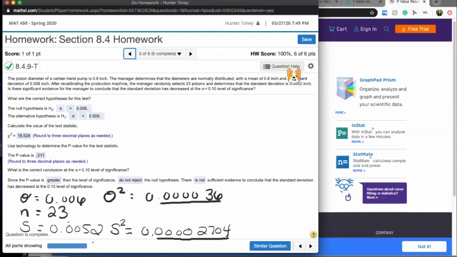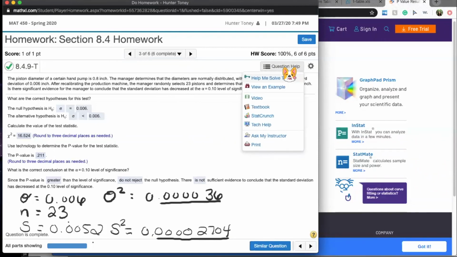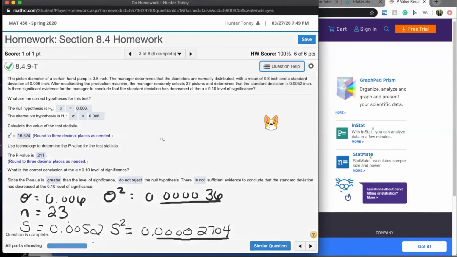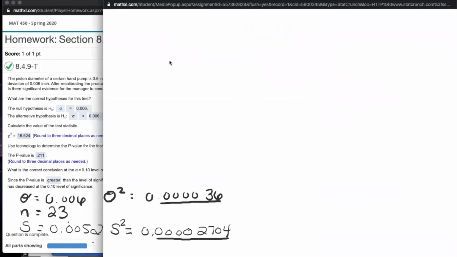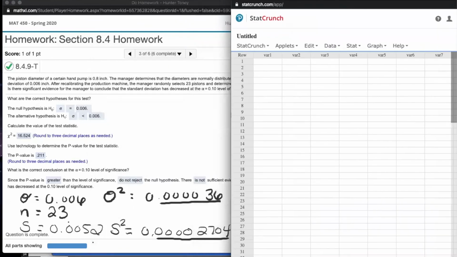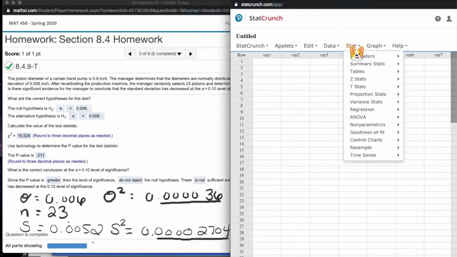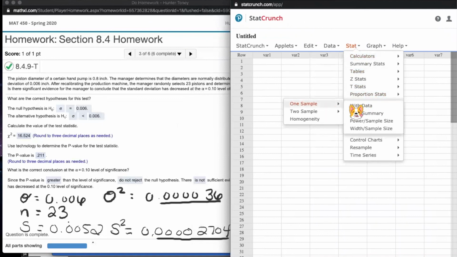So we can go up to question help and open StatCrunch. We'll go like we normally do to Stat, Variance Stats, One Sample, and we have a summary.